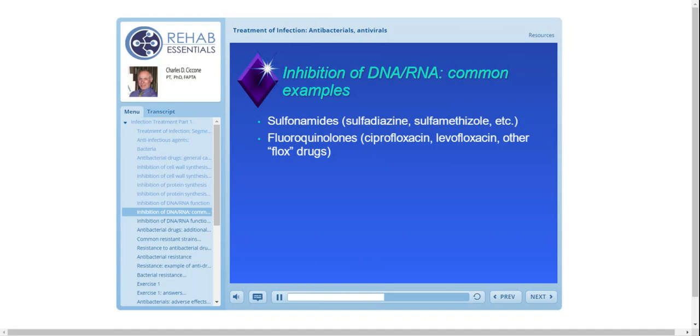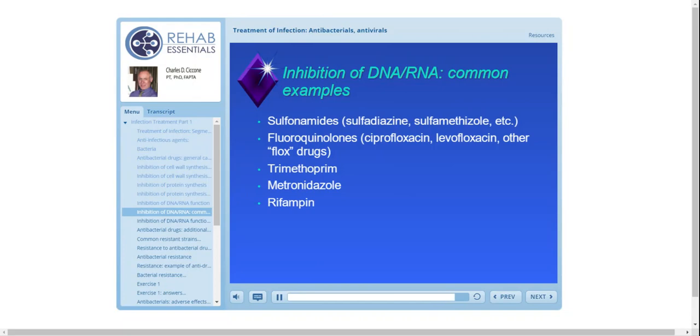And Cipro, of course, was very important during the anthrax infections that were being promoted by terrorist activities. So maybe not as well known as penicillin and tetracycline, but very important drugs. Other specific drugs like trimethoprim, metronidazole, and rifampin also work this way.